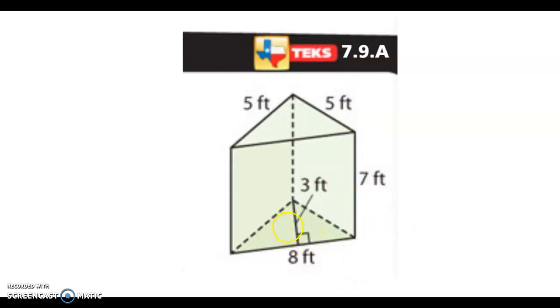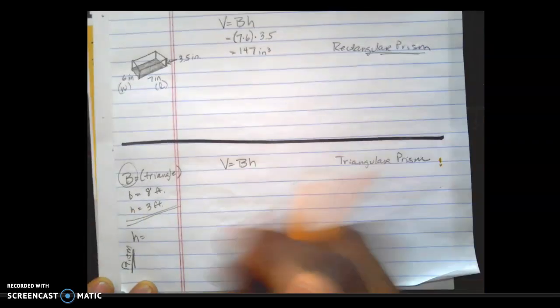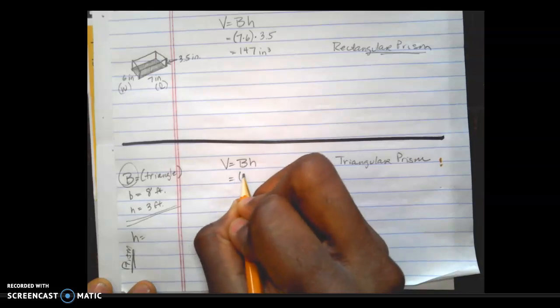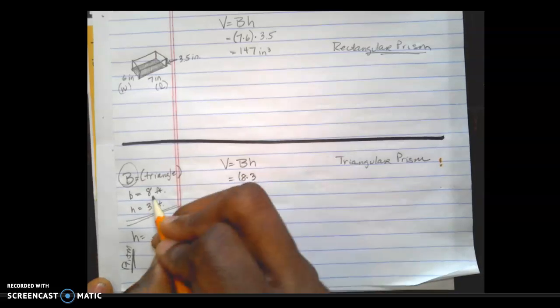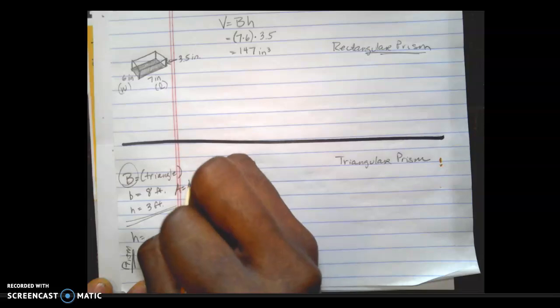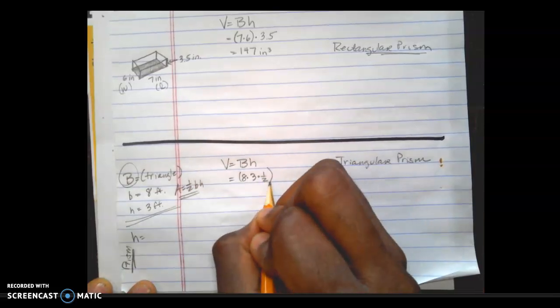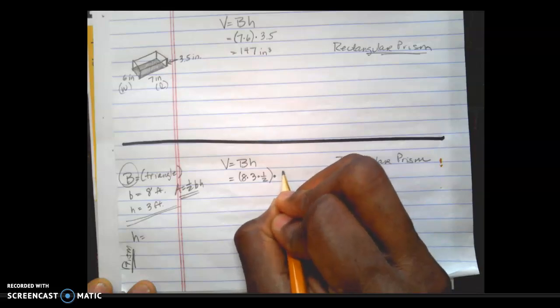Okay, so base here, base at the top. We know that these two are parallel, so those are our bases. This is the overall height of the prism. Now, if I plug this in, I know that 8 times 3, because we know that our formula for the area of a triangle is 1/2 little b times h, I'm going to multiply this by that. I'm then going to multiply this by 7.